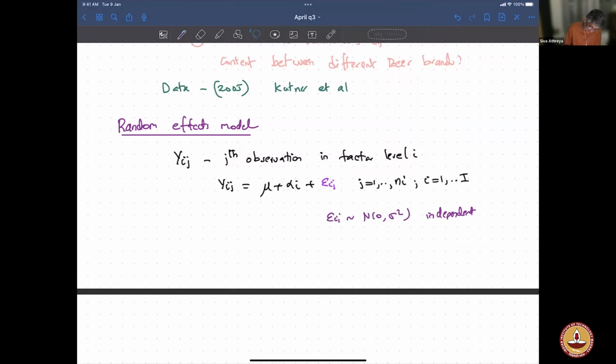And the alpha i, which is the group effect or the factor effect, was a fixed effect. This is what is typically called a one-way ANOVA model. What we did in the previous exercise was to treat that experiment as a one-way ANOVA model.